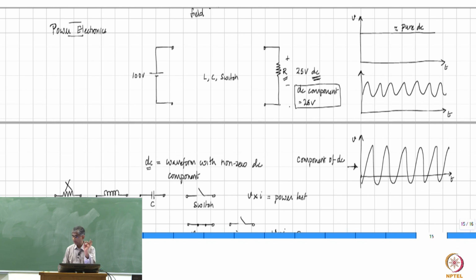We are not saying it's a pure DC, and you can use these elements. Therefore, the simplest way one can design this is to put a switch here and then do it. So, how does this give you a DC voltage of 25?